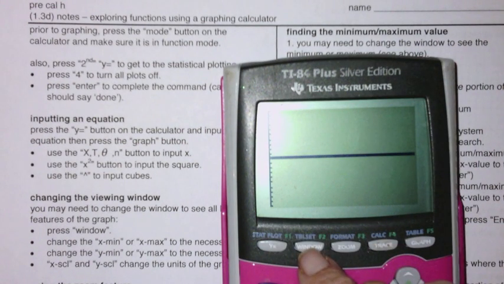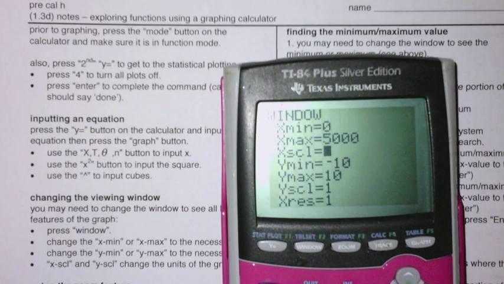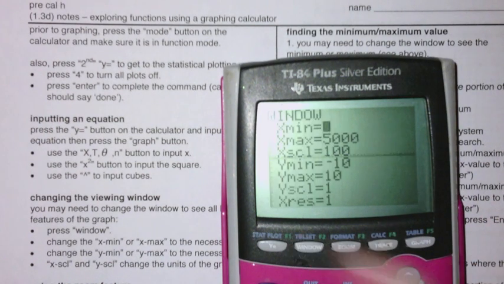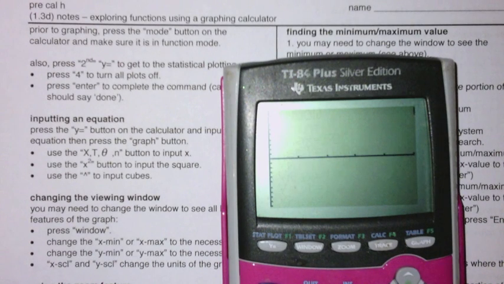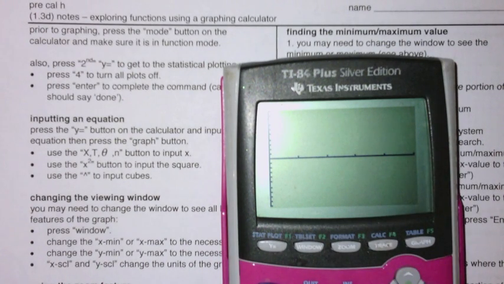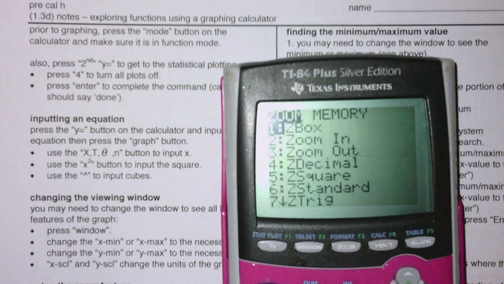So if you want to get a better estimate, it's better to scale it, maybe like by 100s. Then you can see it a little better, maybe even by 1,000s. So if I went back and I scaled it by 1,000s, I have 1,000, 2,000, 3,000, 4,000, 5,000. Okay, so again, to get back to my regular window, zoom 6.